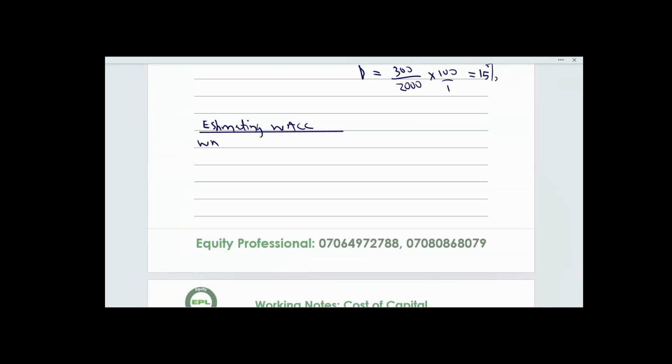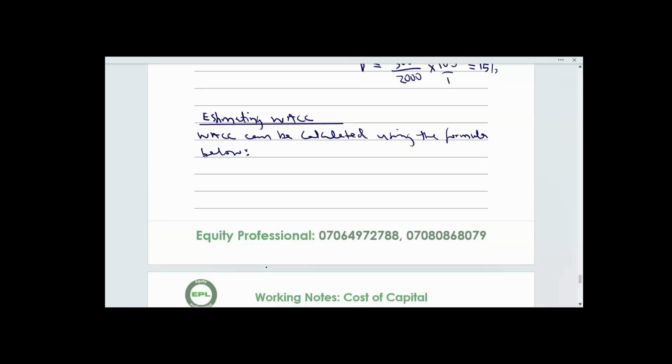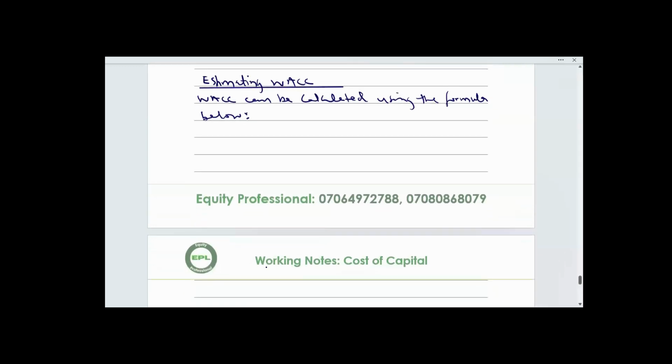WACC can be calculated using the formula below. We're assuming that we have the three major sources of long-term financing in the capital structure. We have ordinary share capital, preference share capital, and also debts.